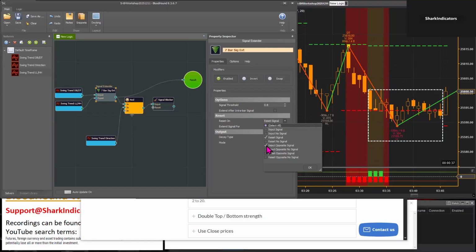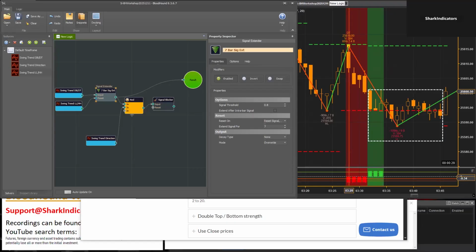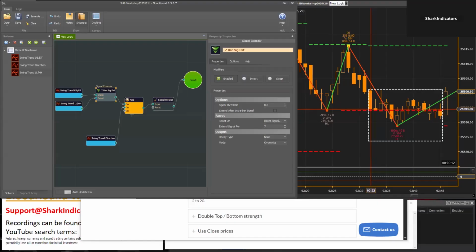So let's see if that does the job. And it does. Our signal extender turned off on the bar that the downswing was identified. So if we look at this now, there we go. Now there's no double top detection when there's actually a double bottom right here.